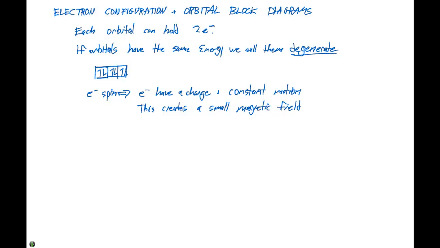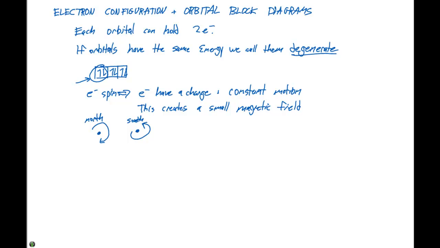And if we have 2 electrons really close together in the same space, they're going to do everything they can to minimize the amount of repulsion. So 1 electron here is going to spin in the north direction, and another electron over here is going to spin in the opposite, or the south, direction.